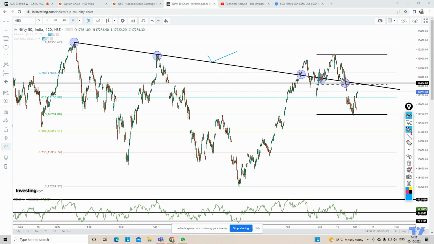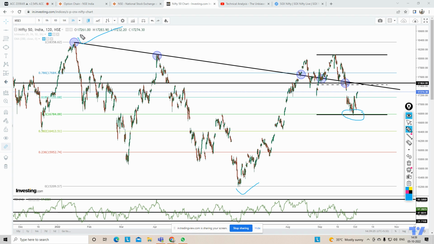The second important area for us for tomorrow and the coming week is this area. Why? Because the latest high was this and the latest bottom was this. And if you see the entire trend, the top and the bottom, Nifty took exactly the pullback or the support from the 50% of the Fibonacci, or you can say the 50% of the entire chart, right?